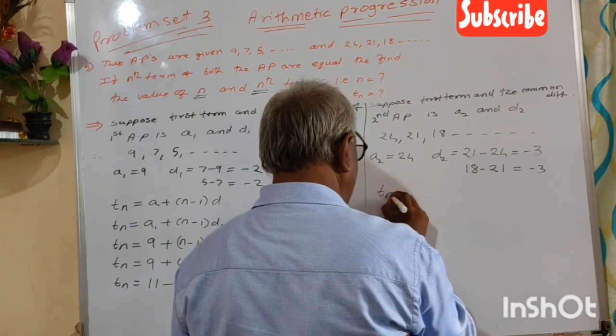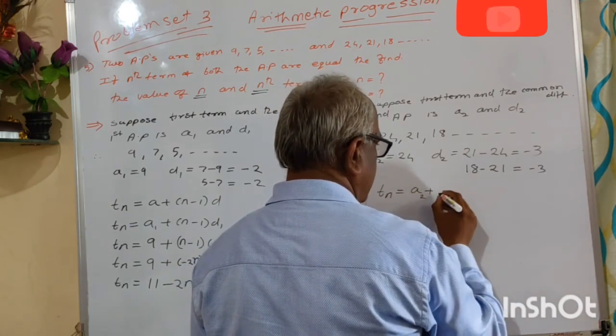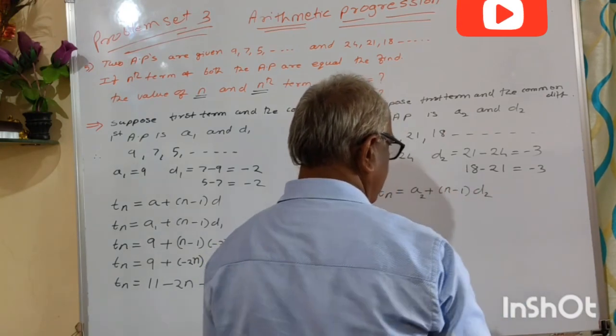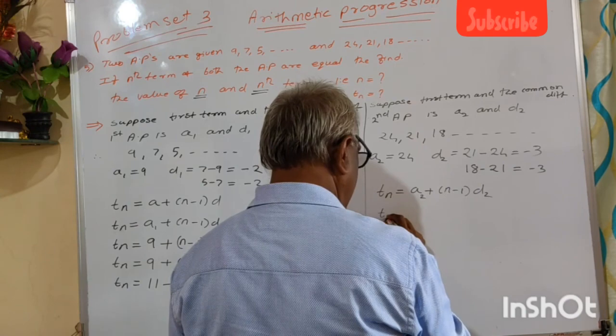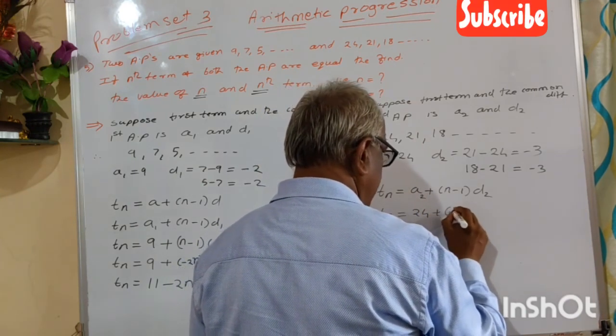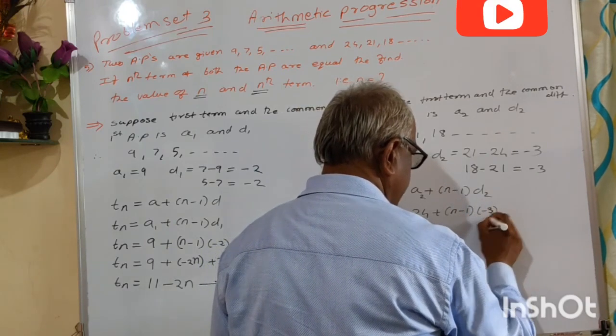Now Tn is equal to A2 plus (n minus 1) into D2. Tn as it is, which is equal to A2 is 24 plus (n minus 1) into minus 3.